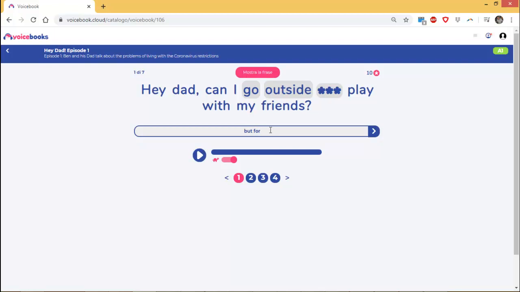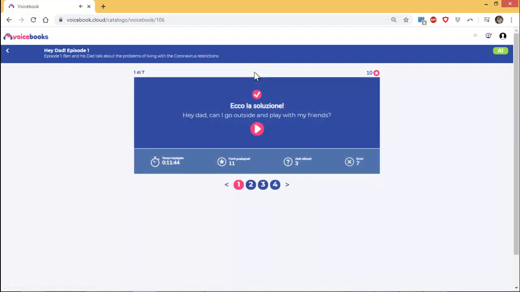Right, in again. And if I get up to a number of errors, I can click on this Mostra la frase and I can see the complete one. Okay, ecco la soluzione. Hey, Dad, can I go outside?